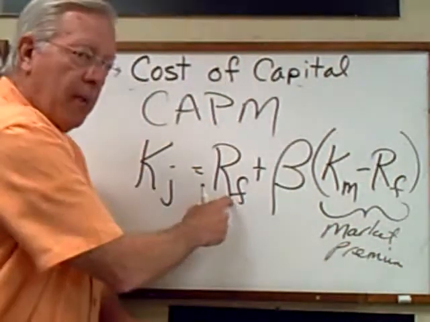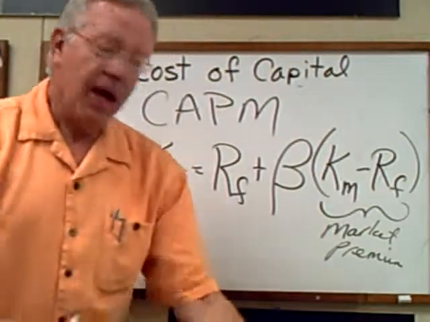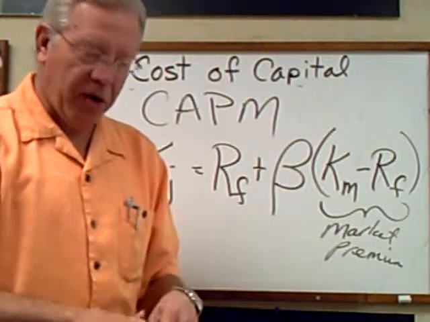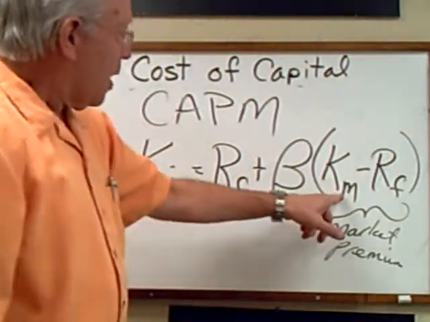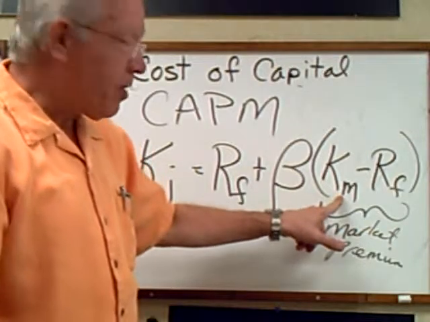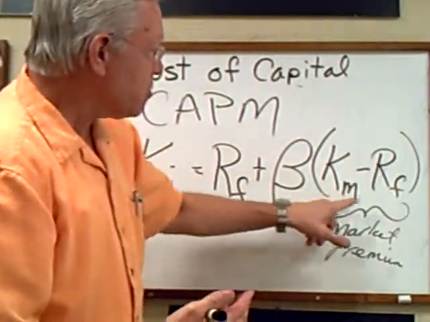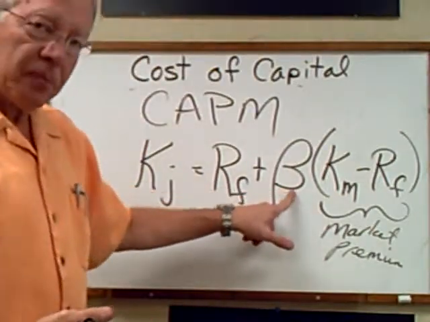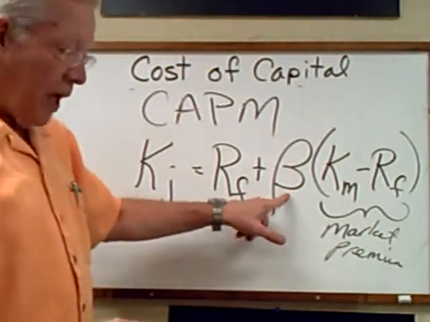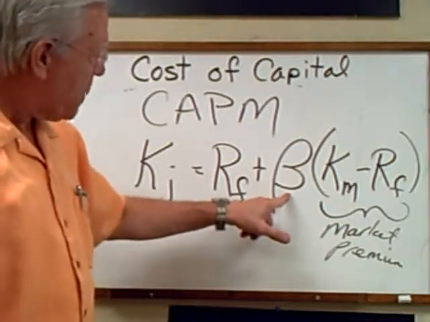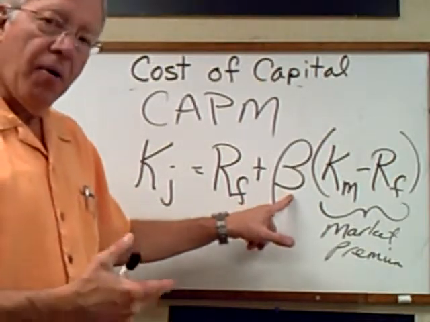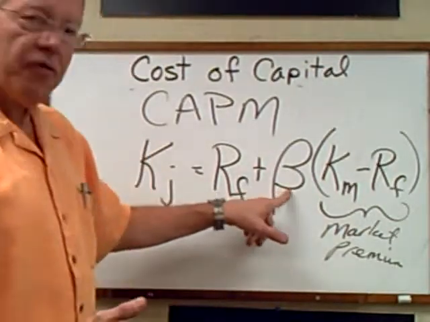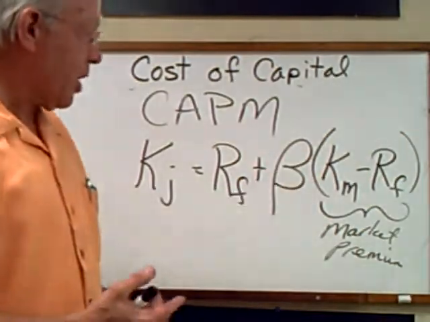I could invest all my money in U.S. Treasuries and it eliminates all risk. At least that's the financial theoretical statement. The market is hopefully going to give me better because I'm getting a little risk. So this measures basically the market risk. And beta is a factor determined, and you can see the development in your textbook. Beta is determined about this particular company's risk. So it's a measure of the company's risk relative to the market.